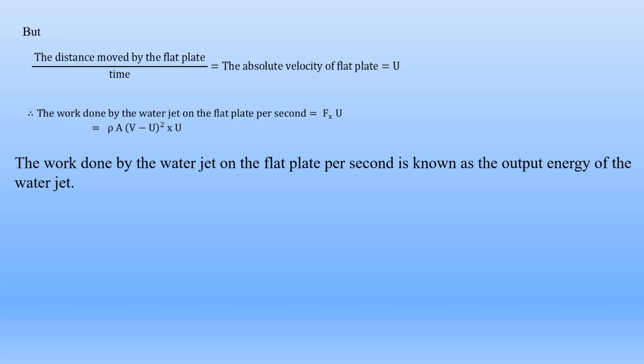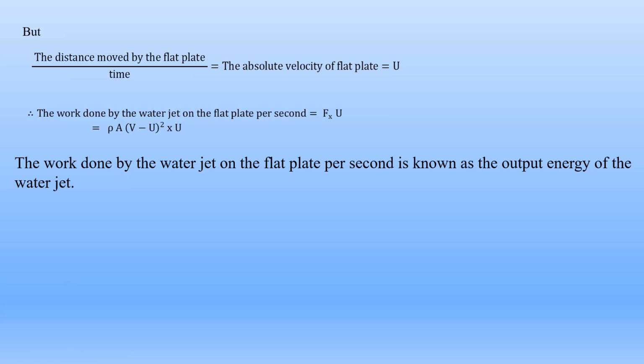But the distance moved by the flat plate divided by time is equal to the absolute velocity of the flat plate, that is u. So the work done by the water jet on the flat plate per second is equal to Fx into u. But Fx is rho a into (v minus u) whole square.